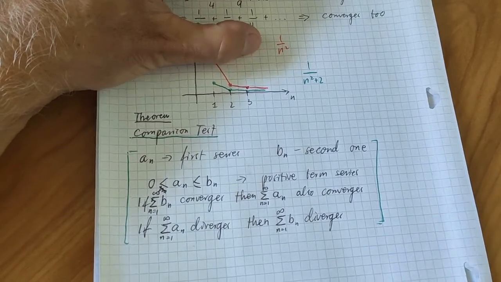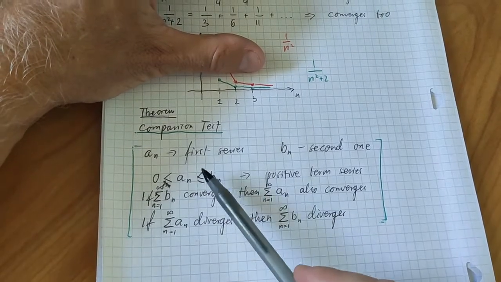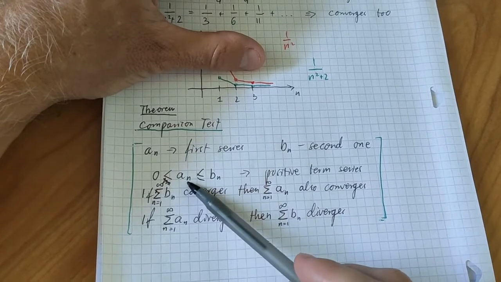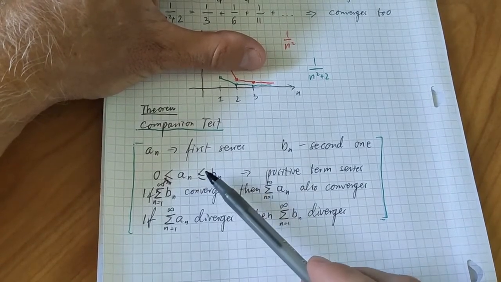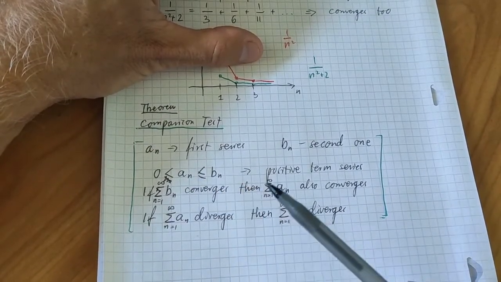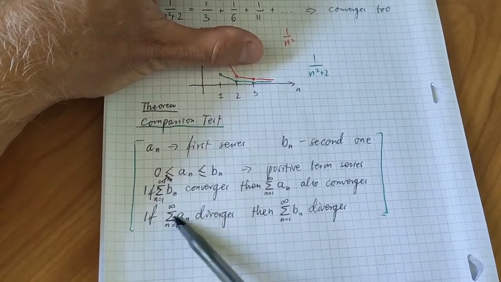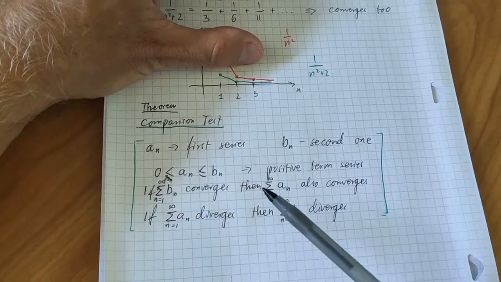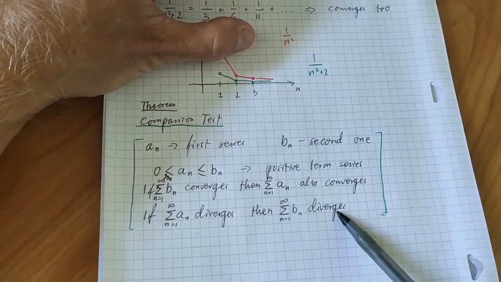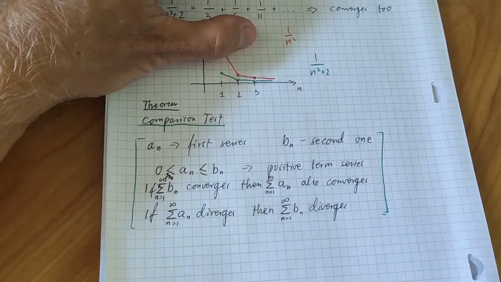You see that in order to use it, we need to have that relationship preserved. So b sub n needs to be greater than a sub n. If that relationship is preserved, and we know that a sub n diverges, then b sub n also diverges, but we can conclude that only if that relationship is preserved.